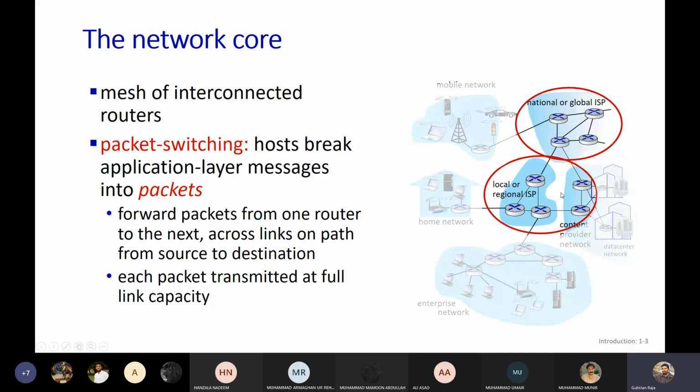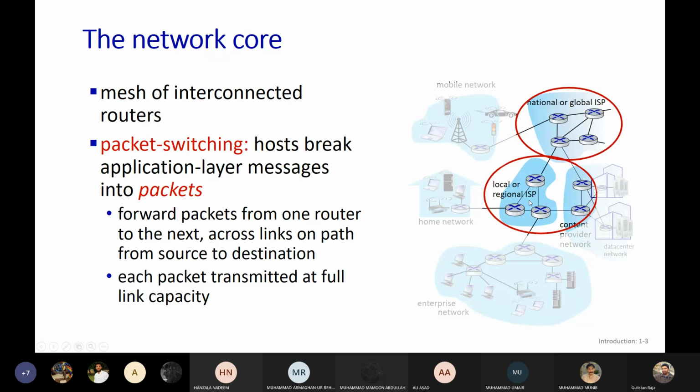Now, here in the network core, we are only showing two components. One is known as local or regional ISP, and the other one is described as national or global ISP. But keep this in mind that practically we have hundreds of these ISPs, or in fact, thousands of ISPs of various categories.